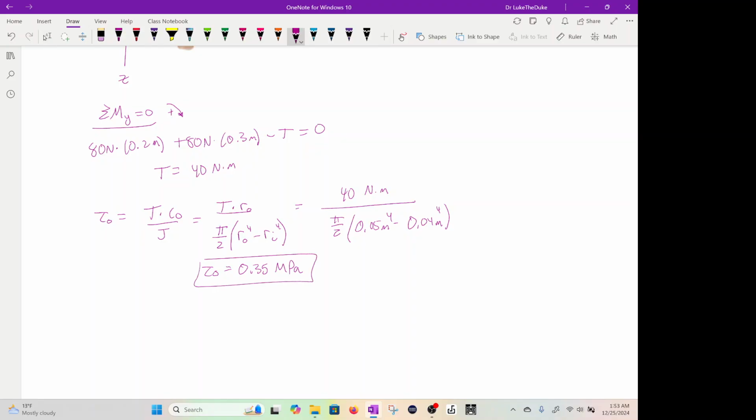Okay, let's go ahead and find tau in. Tau in, I'm just going to switch to T times Ri over pi over 2 times Ro to the fourth minus Ri to the fourth.